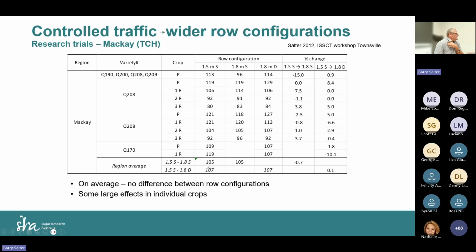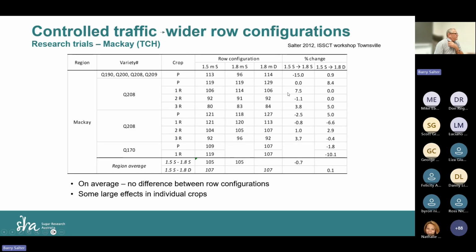If you look at the overall average, you can see if you compare 1.5 metre single to a 1.8 metre single, overall they produced exactly the same yields. It was literally 105 tonnes to the hectare on both of those systems.